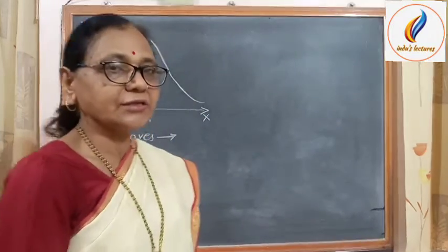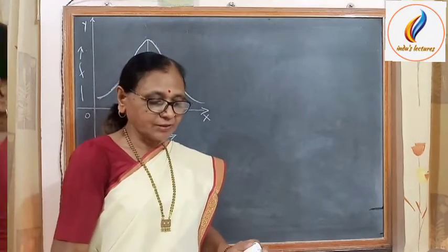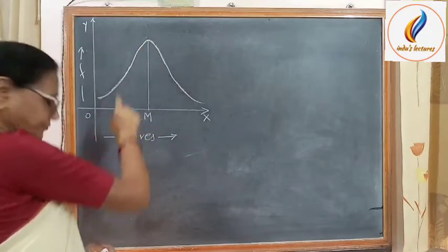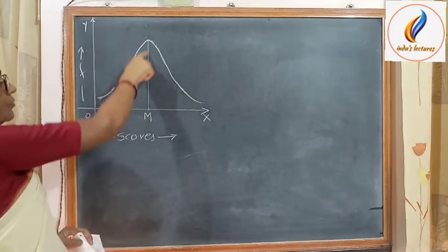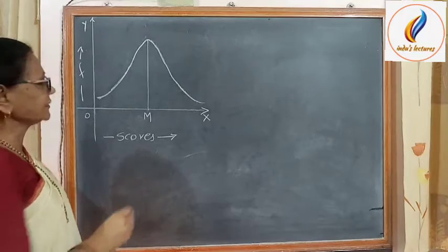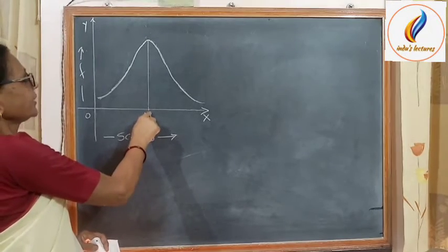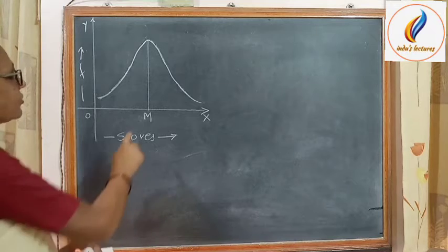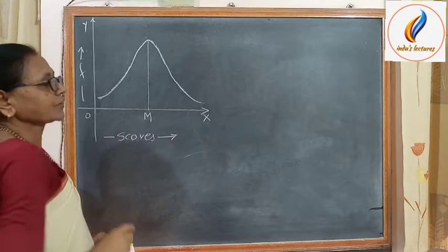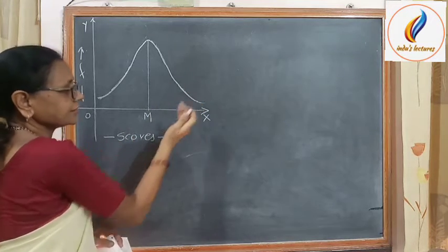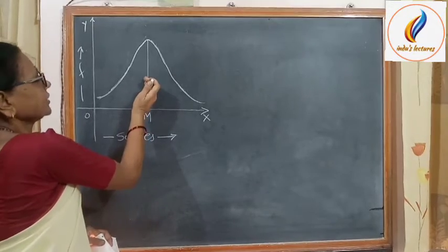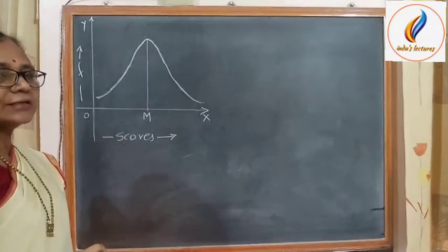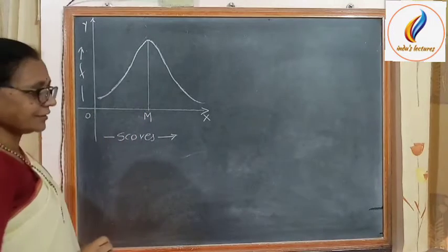Now we draw the figure of the normal probability curve, and if we draw the perpendicular from the peak point to the baseline x-axis, it meets at a point M, where the measures of central tendency are concentrated. That means here is the mean, and 50% area lies to the right side of the ordinate and 50% area lies to the left of the ordinate.